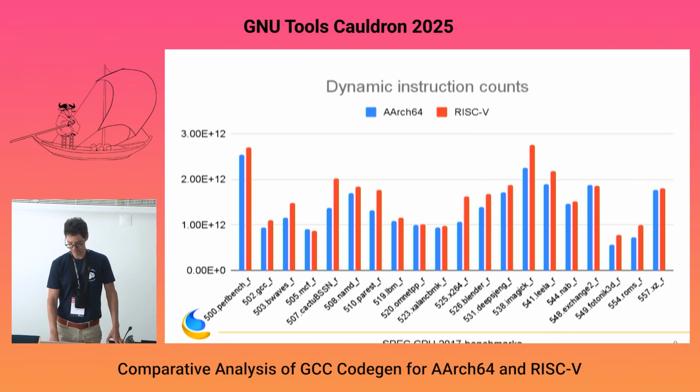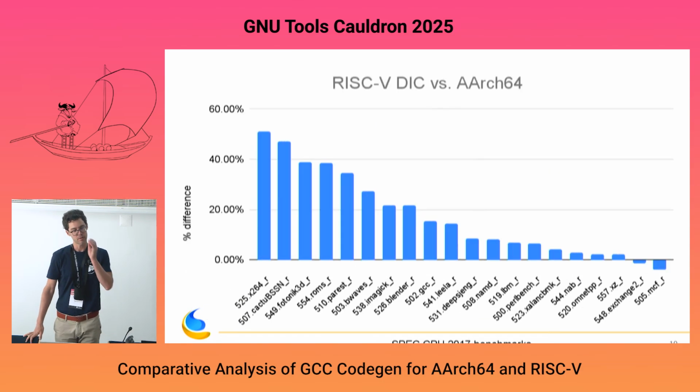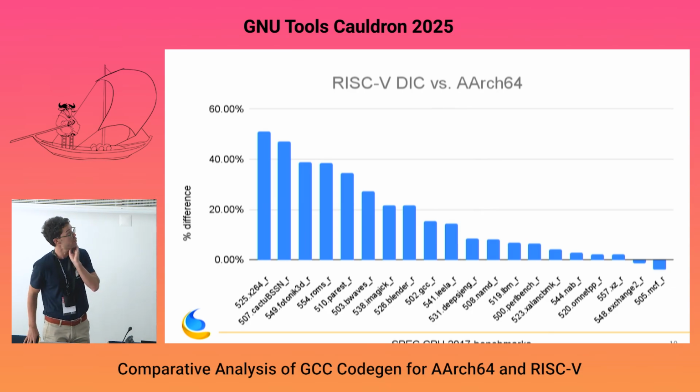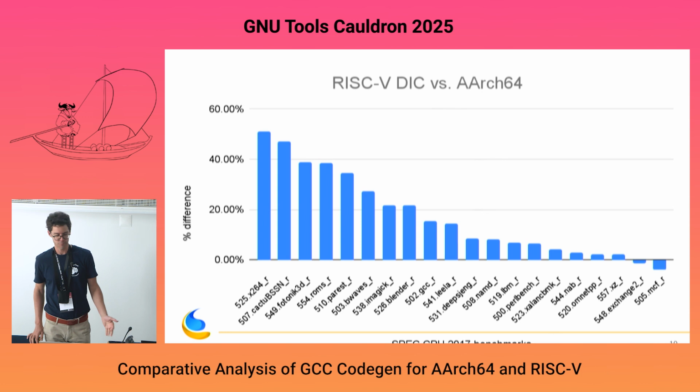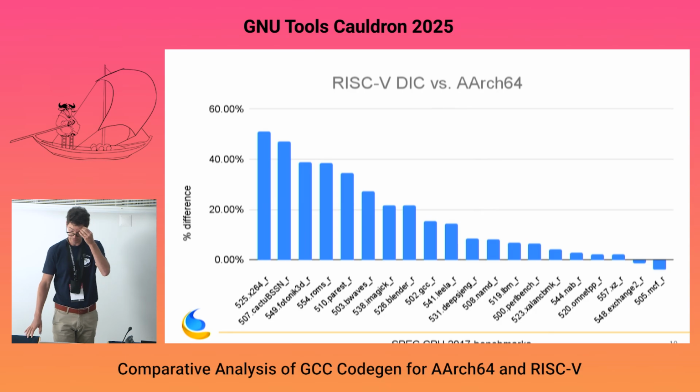To see the difference of dynamic instruction count between the two architectures, I've got this view that is a bit clearer. You can see that the difference in instruction count ranges from, let's say, 50% to minus 5%, I think. There are a few benchmarks where RISC-V is actually better. Those are the last two here, 548 and 505.